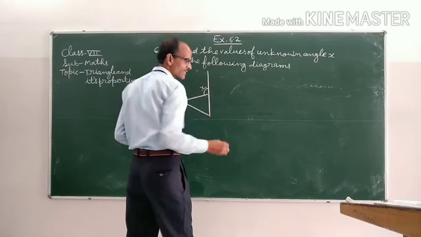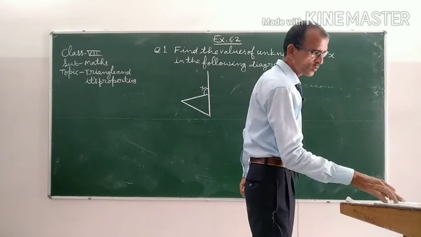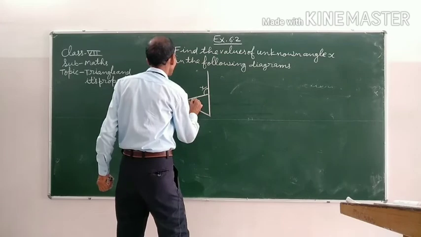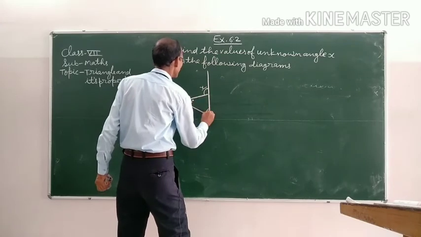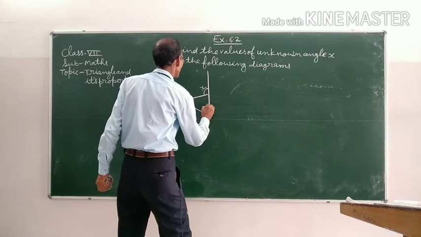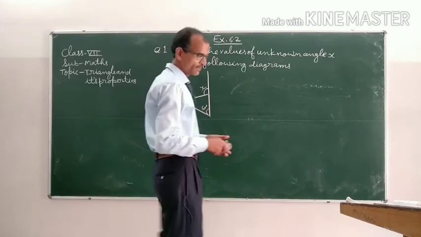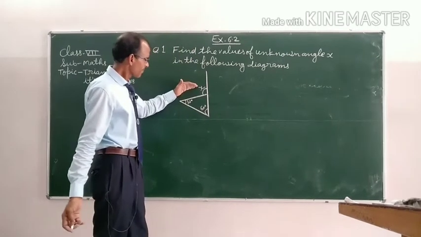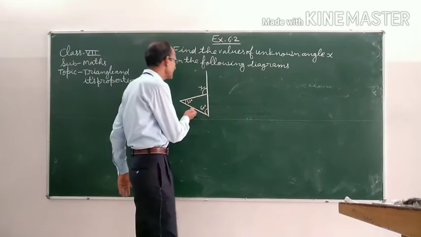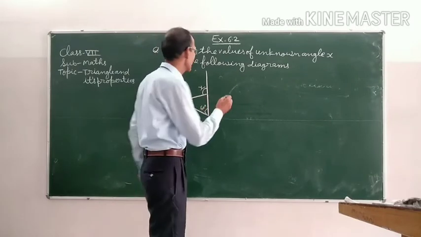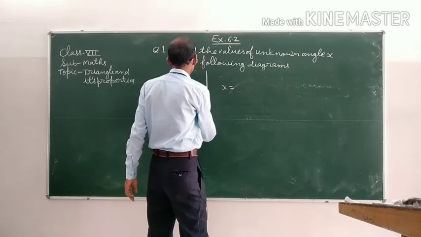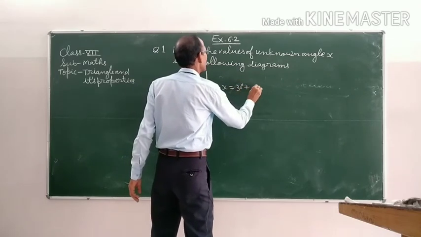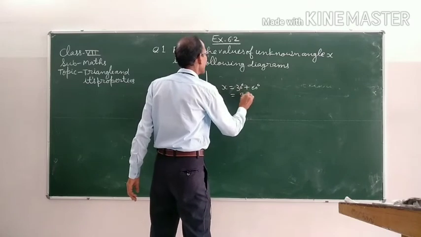Here this angle is x and these two angles are 30 and 60 degree. Okay, here also this angle x is exterior angle. So by the property of exterior angle we can find the value of x. x is equal to 30 degree plus 60 degree is equal to 90 degree.